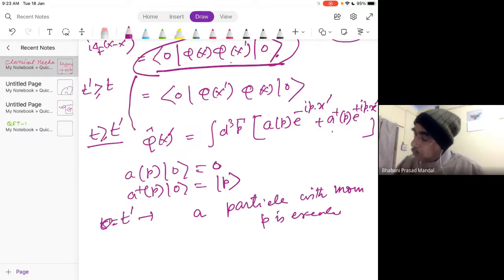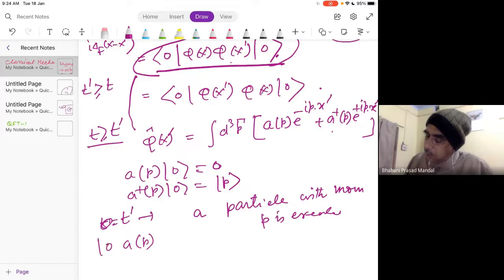So this term will be automatically 0 because a p0 is 0, and a dagger will create a particle at t prime. T prime is your earlier time. So at the beginning some particle is created. Now what is the meaning of this? Now this acts on the dual space, the bra space. So the a_p in the bra space will survive, right?